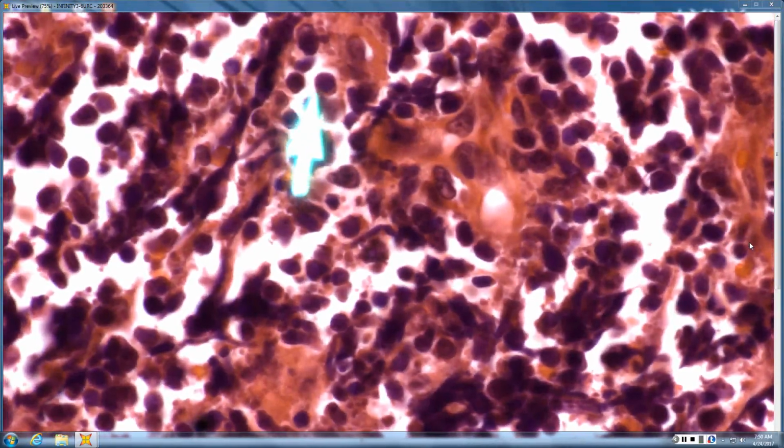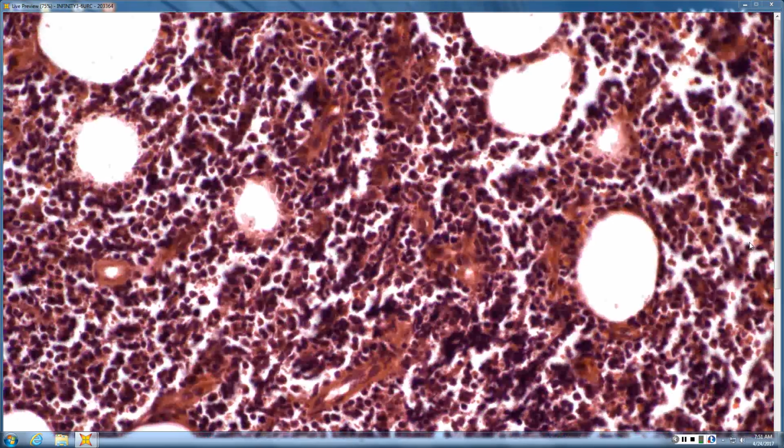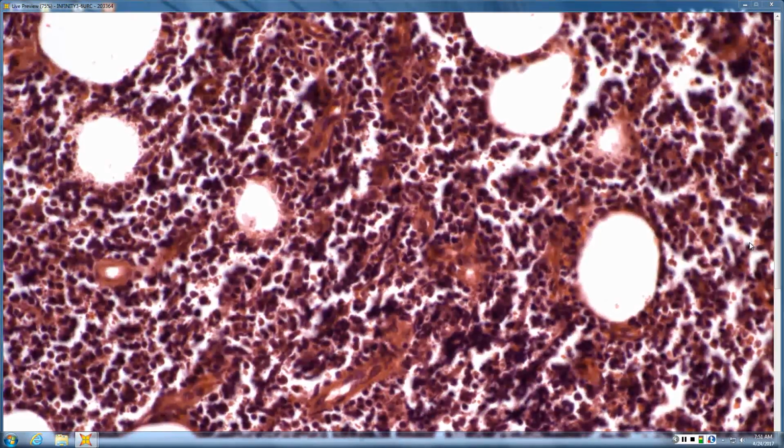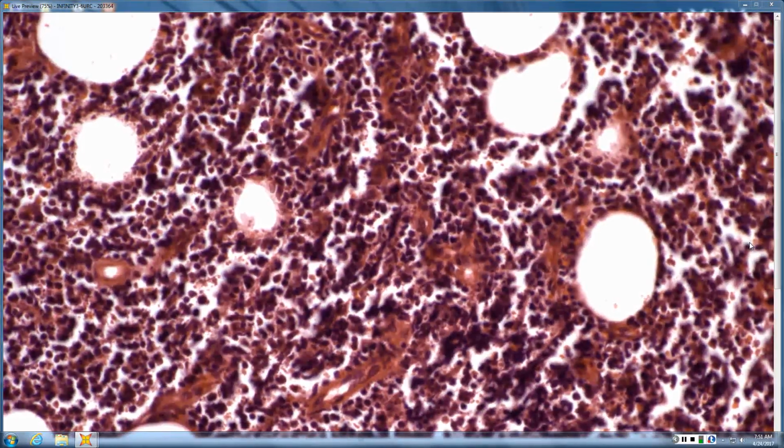They look pretty round. So a round cell is a blast, right? Round nucleus is a blast. So a cleaved cell is a cyte. A round cell is a blast.